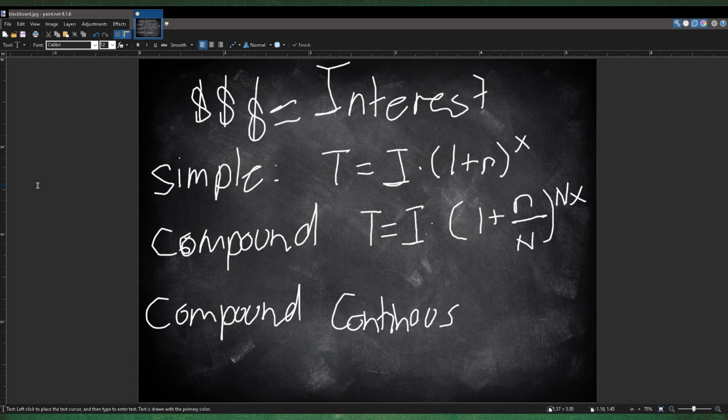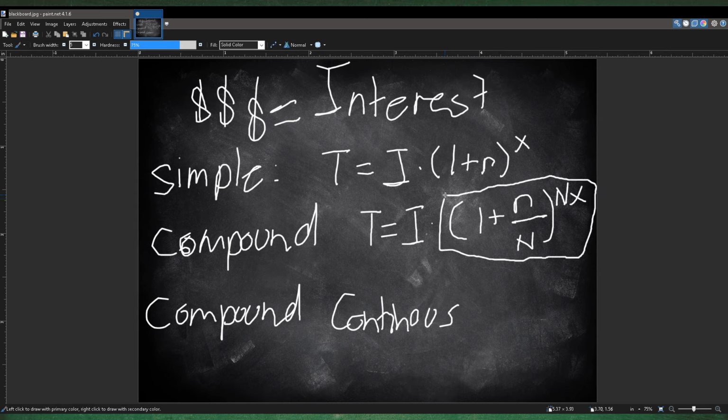And how did they get e? Imagine we have this equation. This is the part we want to focus on for e. Let's say we have 1 plus the rate, over n, where n is the number of times out of a year.